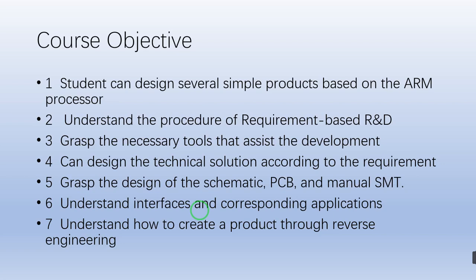Another example is the RS485 interface. This is a traditional interface which is used in factories. Other interfaces include, for example, in current years, Internet of Things. So we use a serial port to connect to a module. The module is just a kind of 4G module, sometimes an IoT module.